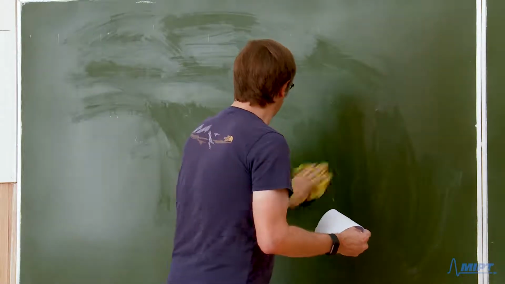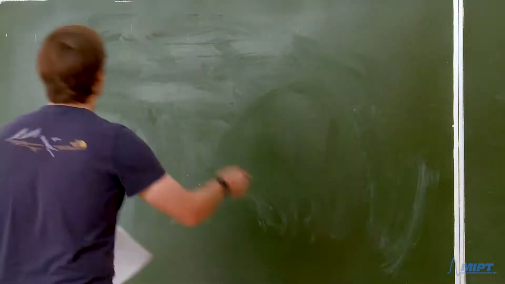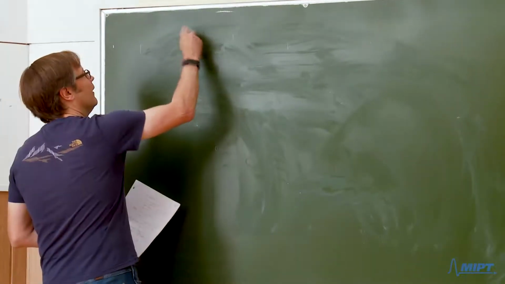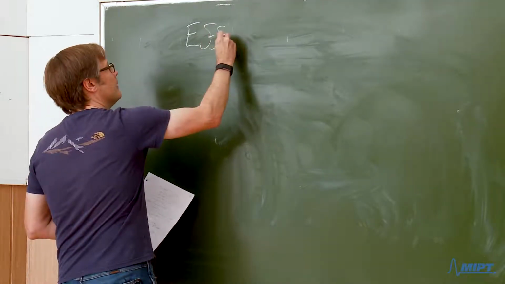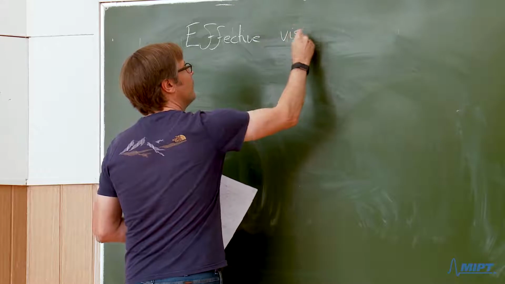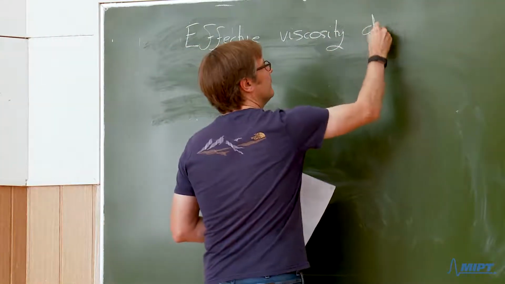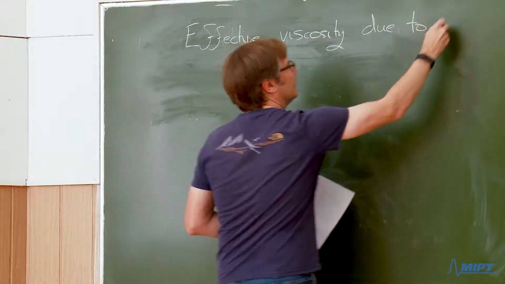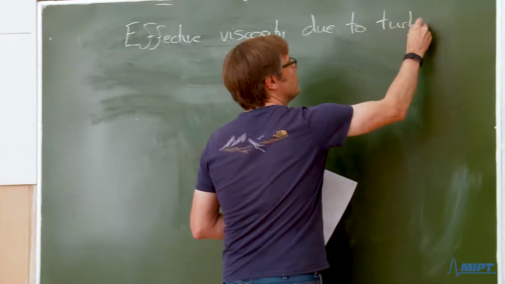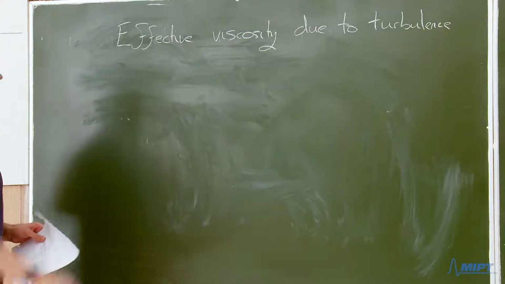And so what do we do? What do we do instead? Well, following the normal sort of development, what you suggest is that there is some effective viscosity that is due to the presence of turbulence within the disk.